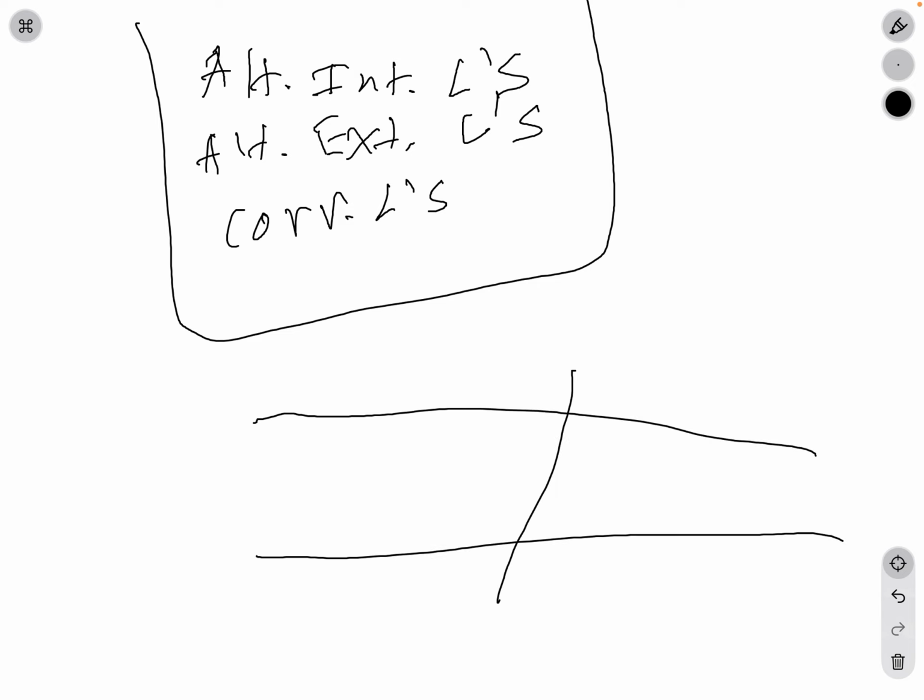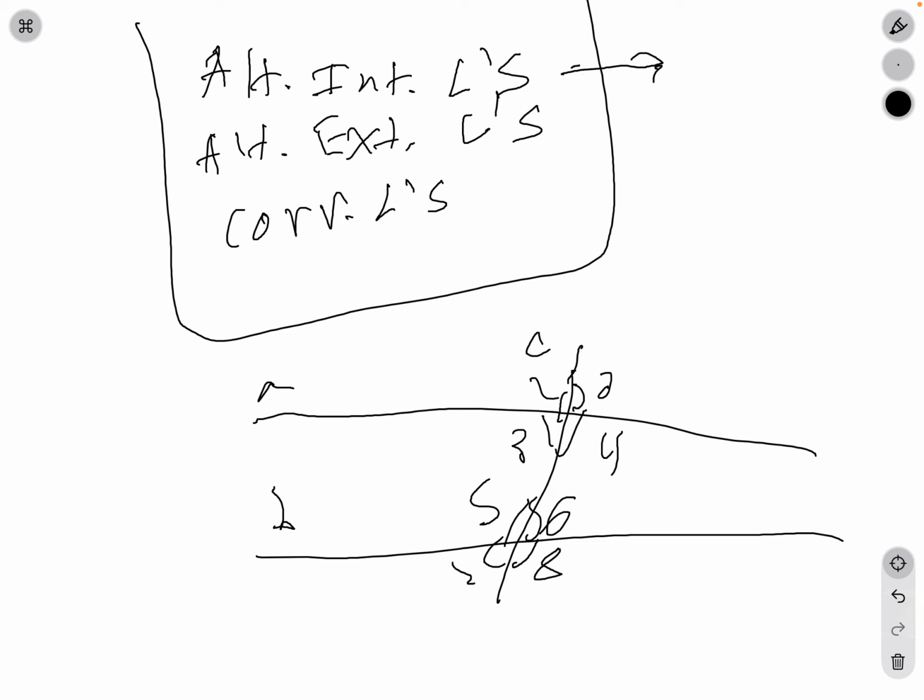Alright, in my diagram, we have A and B, transversal C. Now, let me just quickly name them. Alright, now let's figure out which ones are which. So, alternate interior angles.